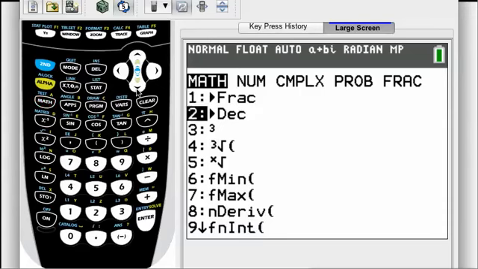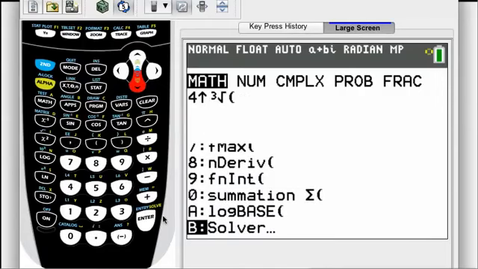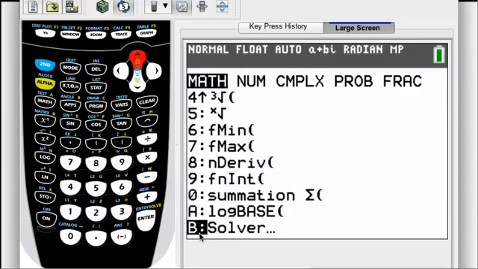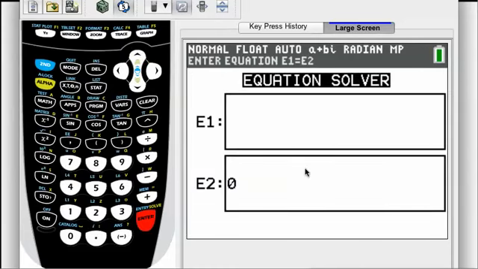It's at the very bottom, past number 9, kind of hidden. It's at the very bottom, B, Solver. So you make sure that's selected, you hit enter, and here you've got your equation solver.